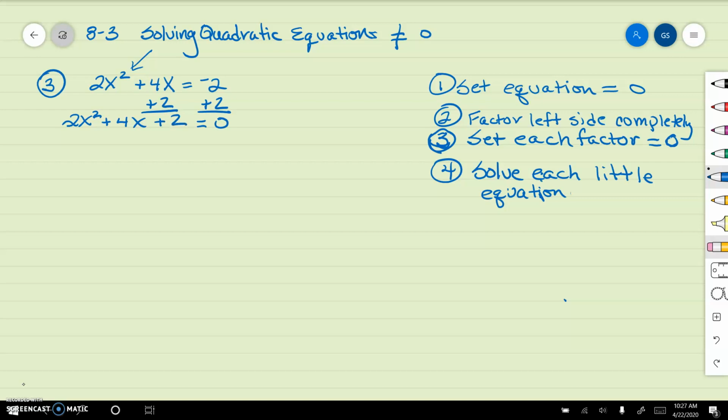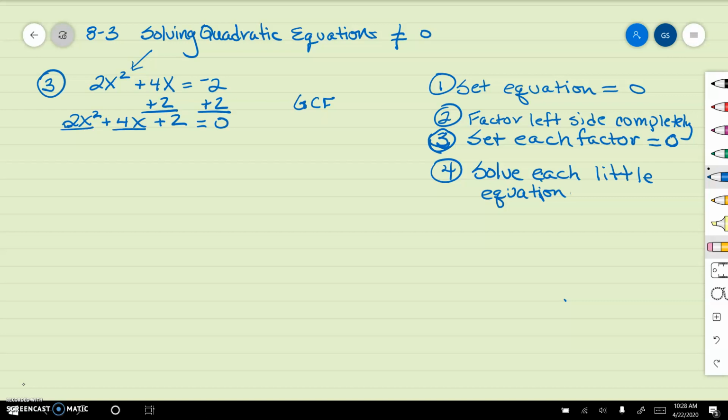When you write it horizontally, you can see we can't combine like terms. There are no like terms. But we do have to do the next step, which is factor. First thing you want to look at when you have 3 terms is, is there a GCF? Anytime you're factoring, you always look for a GCF first. In this case, I see 2, 4, and 2.